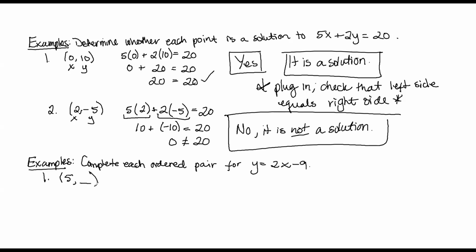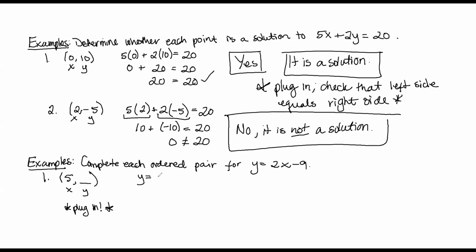So think about what we're given and what we're looking for. We're given X, looking for Y. So we can plug in what we're given. So let's plug in 5. And we don't know what Y is, so I'm going to leave Y alone.